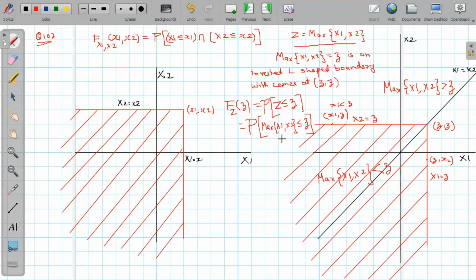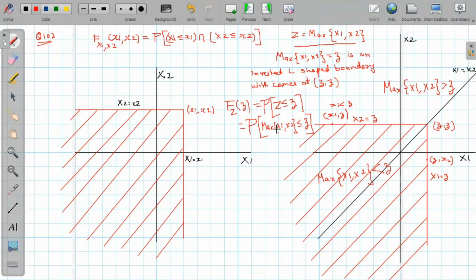You can observe here that this probability includes maximum of x1 comma x2 equal to z as well as less than z. In this diagram we observed that maximum of x1 comma x2 is equal to z for this inverted L-shaped boundary, and it is strictly less than z in this region.